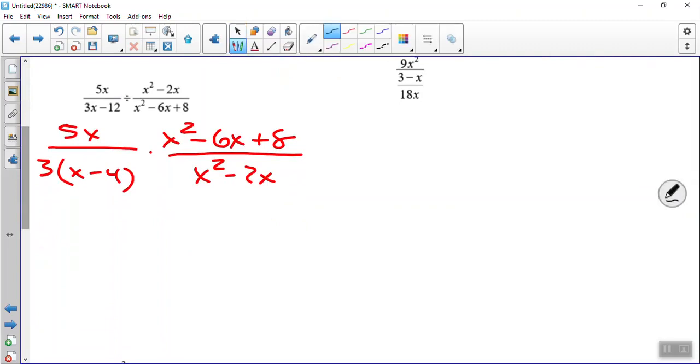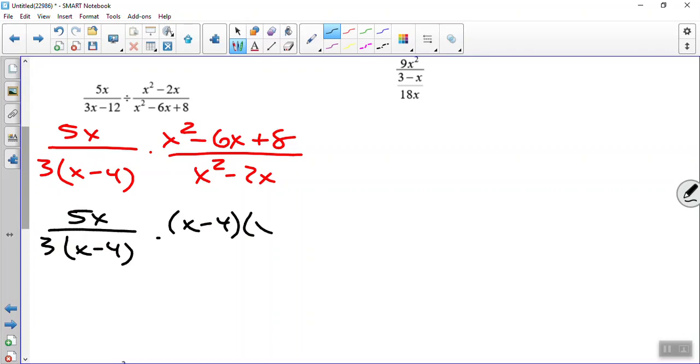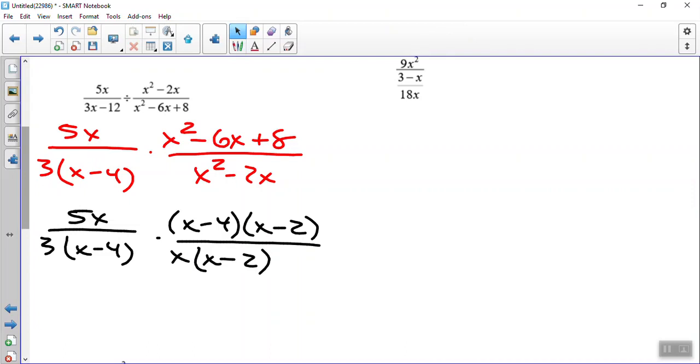All right. So I'm going to finish writing this out and factor everything else. So on the top, this is x minus 4 times x minus 2 over x times x minus 2. So work from left to right up top and cancel terms. So what do we have? 5x.